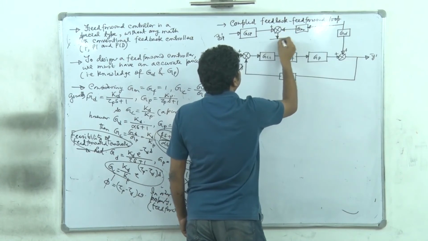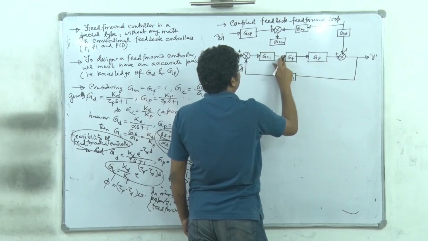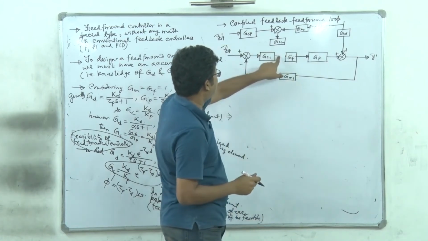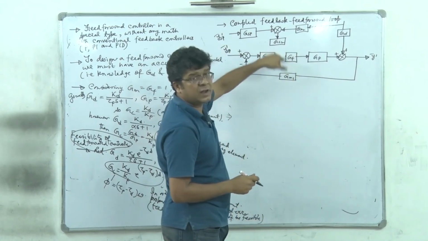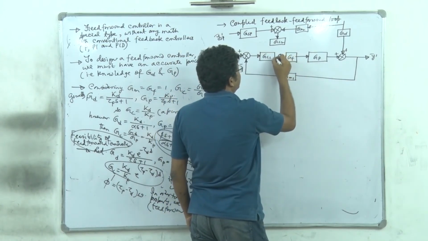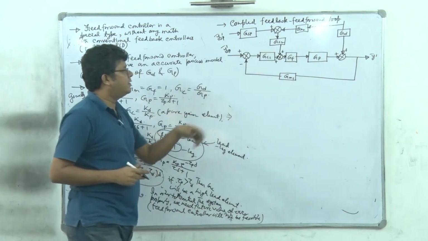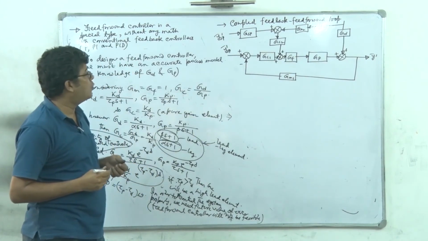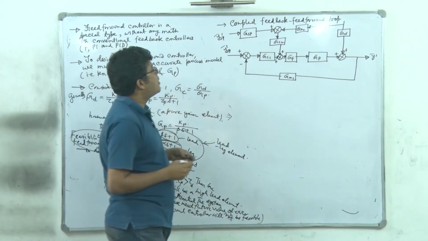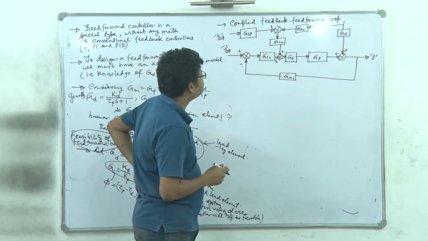Next comes the feed forward controller, GC2. Now, how to implement it? Definitely, these controllers' outputs are to be added, right? So there is an adder going to the final controller. So this is the combined feedback feed forward loop.